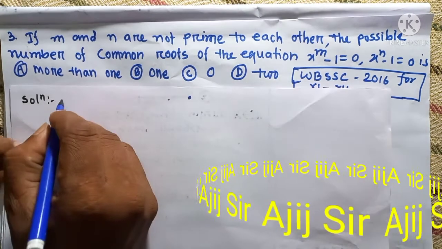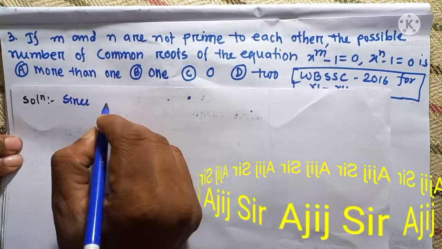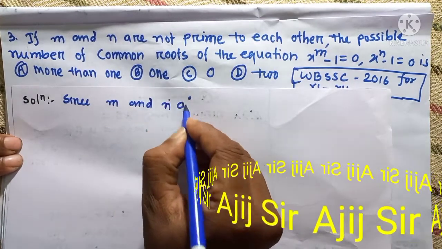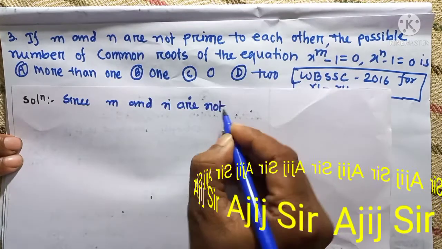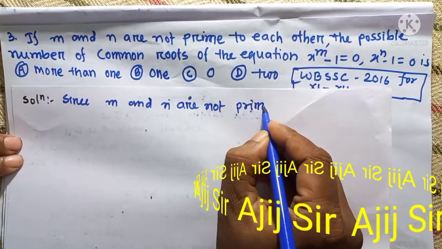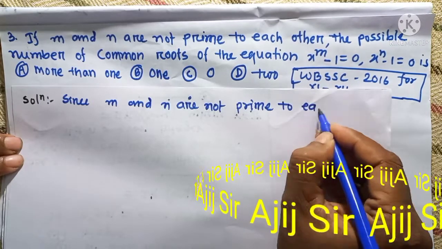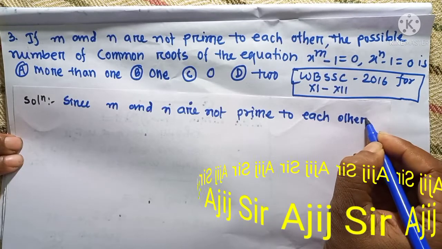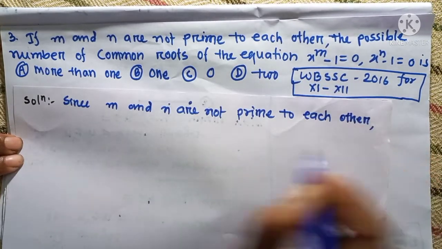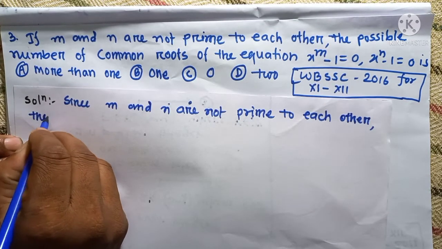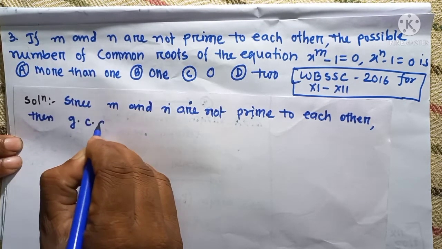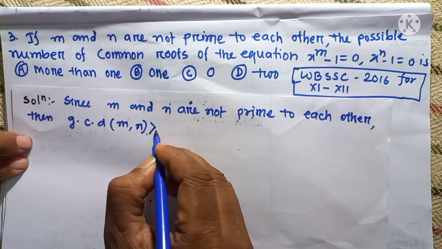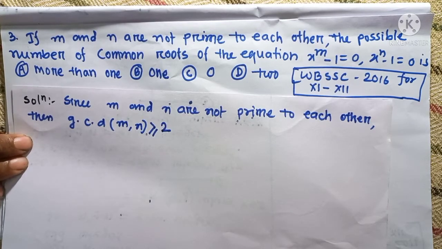Solution: since m and n are not prime to each other, then GCD of m, n is greater than or equal to 2.